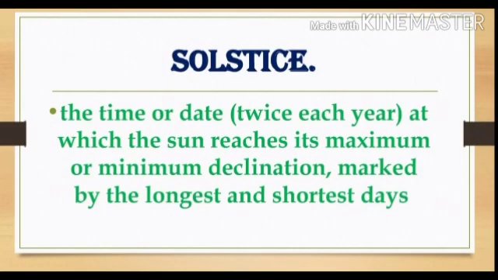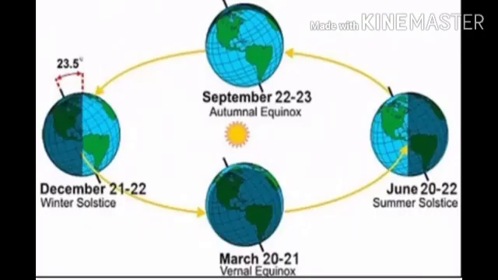Solstice, the time or date twice each year at which the sun reaches its maximum or minimum declination, marked by the longest and shortest days. Solstice is when we experience the longest and shortest days on the earth.